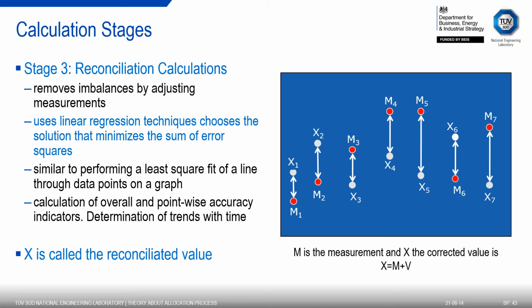We want to minimize, at the end of the day, the sum of the square of the error that we have. And what is very important is that this new value x that we are generating mathematically is what we call the reconciliated value. And you can relate x to m by this variation v that I'm presenting here.